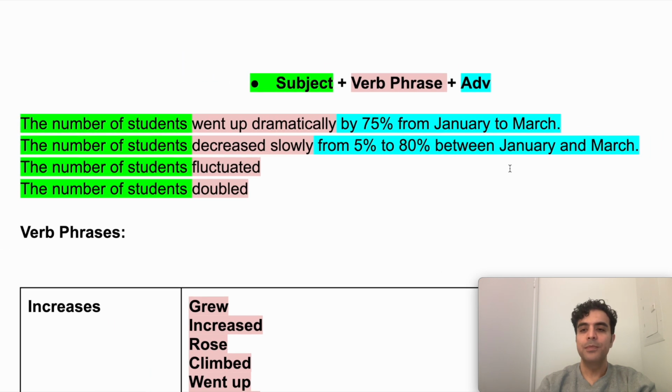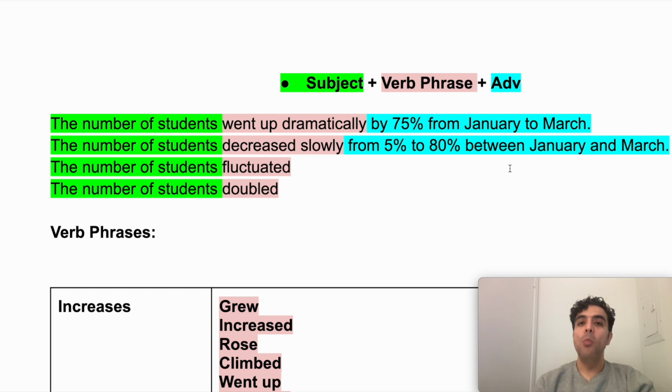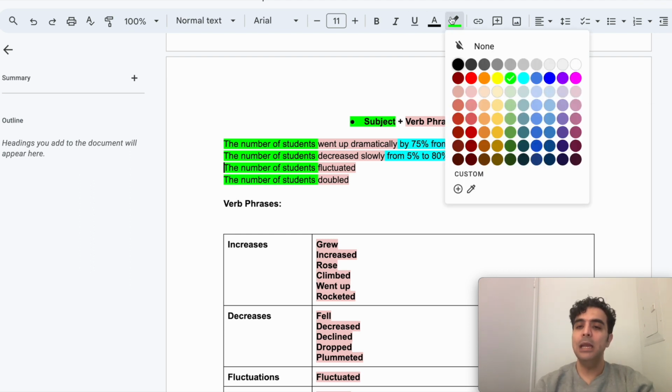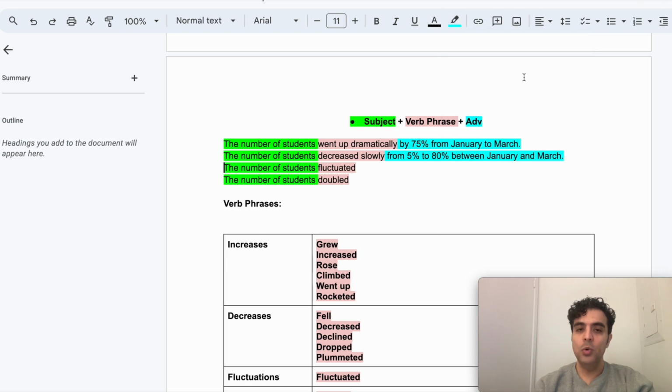Okay, so there. If you want to create even more change in your writing, here's what you could do. This time, consider placing the adverb of time, between January and March, or maybe from January to March, at the beginning of your sentence. Let me show you what I mean.